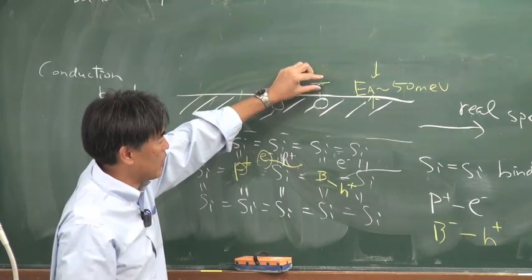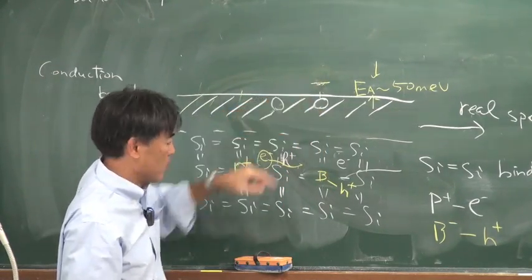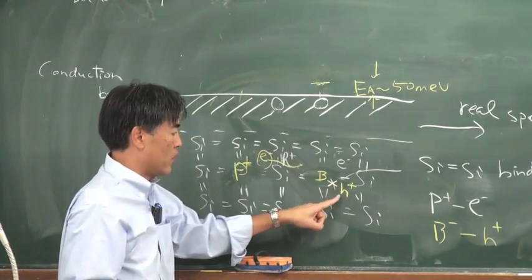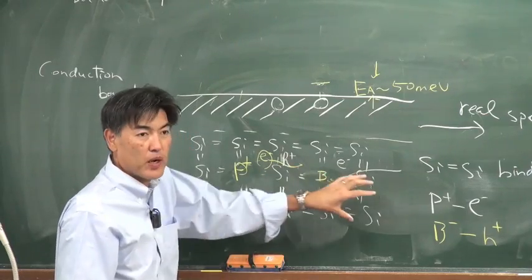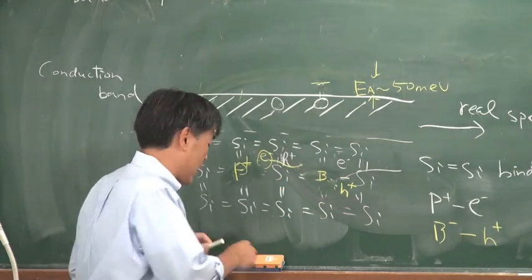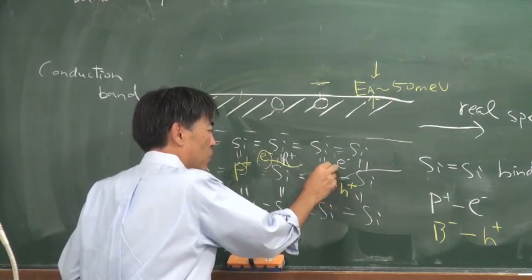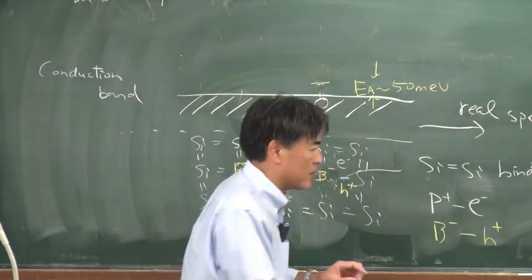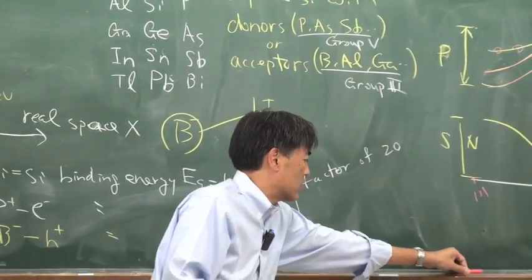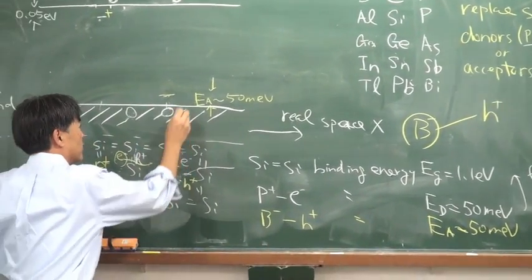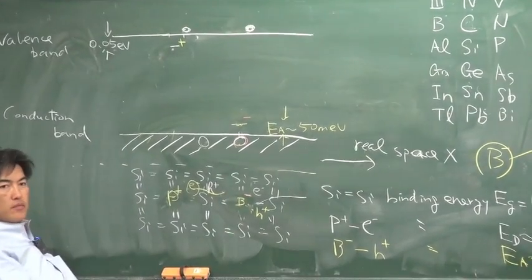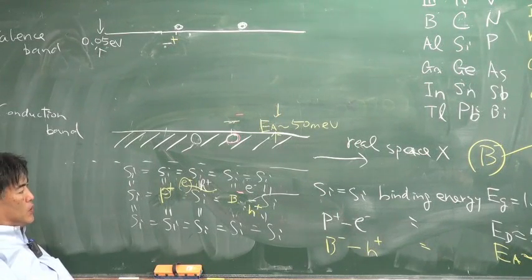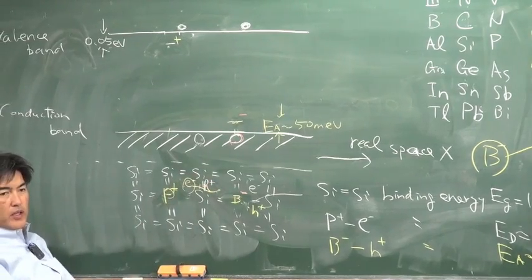So I can just say it the opposite way, the hole is excited from here to here. When I break the bond between hole and boron, then once this is broken, the hole can move around freely. Okay? And once the electron is missing, boron remains negatively charged, so boron becomes negatively charged just sitting here. And a new hole is created. And holes move around with the effective mass of holes.